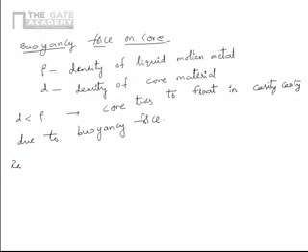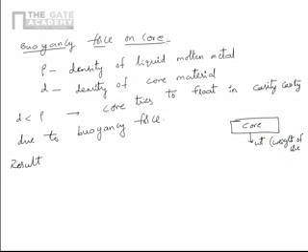So the resultant force on the core: the core weight is acting downwards and the uplifting buoyancy force, BF, is acting upwards. Suppose this is a core prepared with sand. The weight of the core acts downward, and the upward force is the buoyancy force.